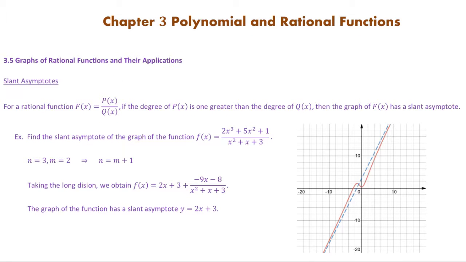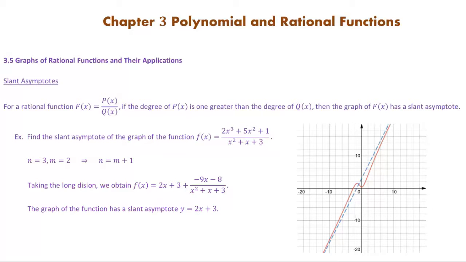Okay, so we talked about both the horizontal and the vertical asymptotes, and there is another asymptote we talk about, called slant asymptotes. This kind of asymptote is a line neither vertical nor horizontal.